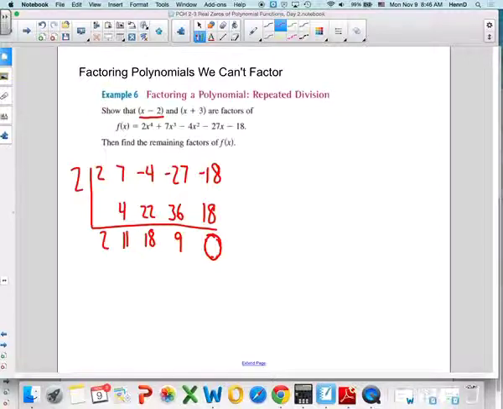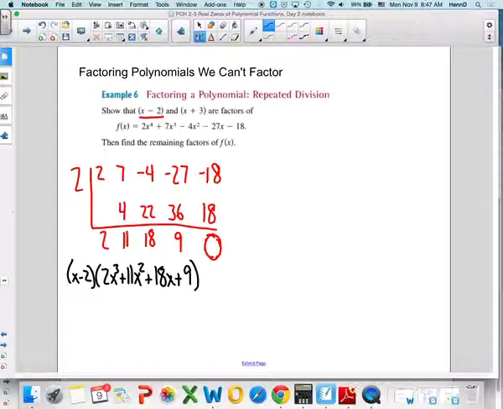So notice here, now we have the function written as x minus 2 times 2x cubed plus 11x squared plus 18x plus 9.